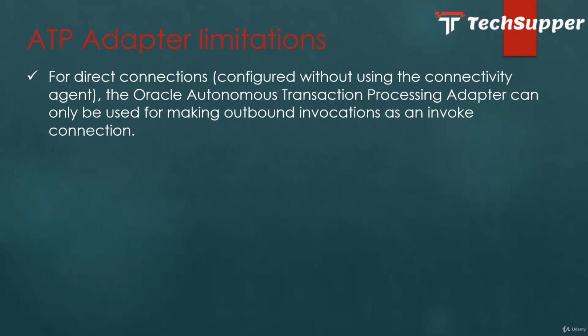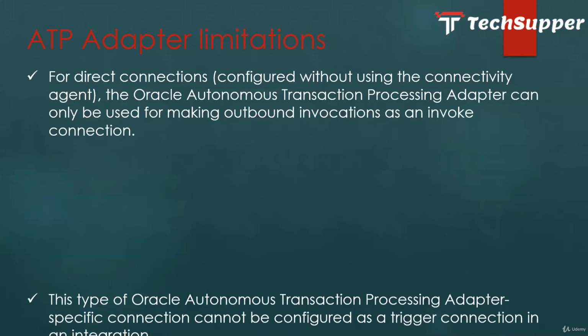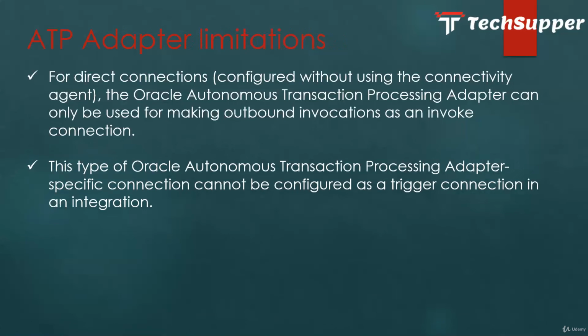Means if you wanted to poll, or use that as a trigger, you cannot do this. This type of connection cannot be configured as a trigger connection in an integration. So if you wanted to pull a record from a database table, you cannot do this if the ATP adapter is not using the connectivity agent.